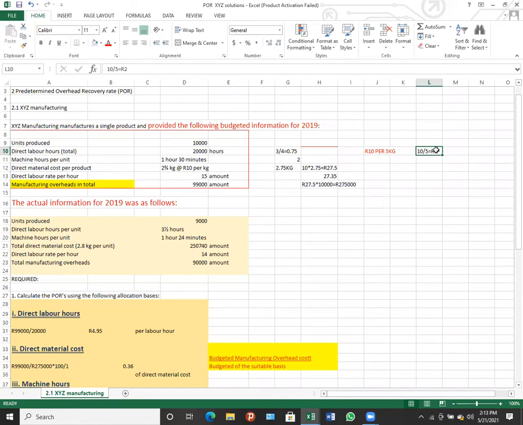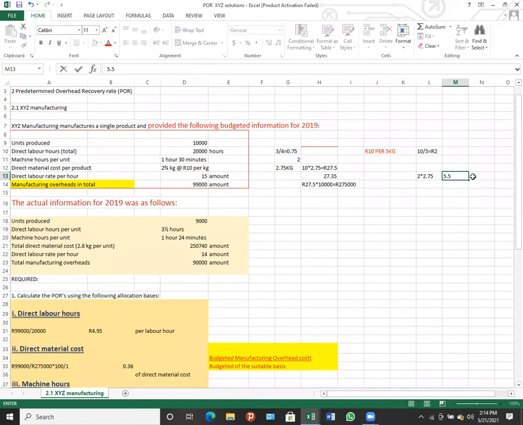You get 2 rand, and this 2 rand we are going to multiply with your units. For example, 2 times 2,75. You get 5 rand 50.